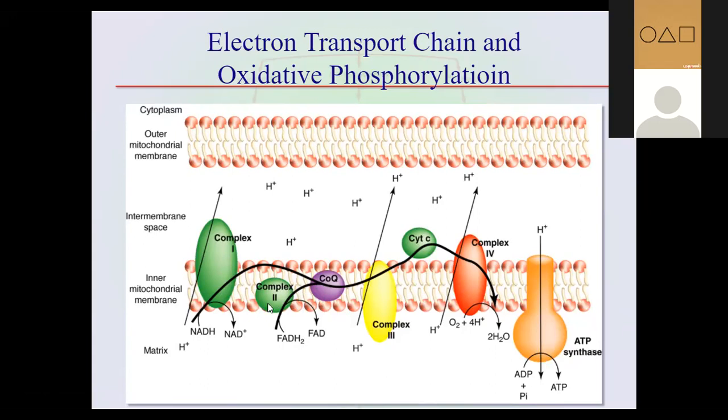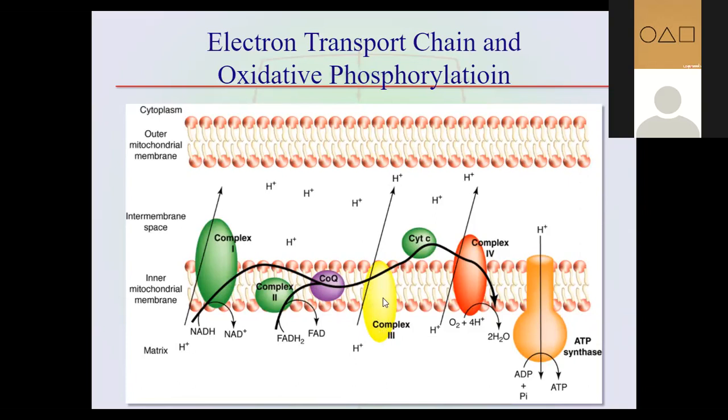Kasi tinatransport naman ng electrons eh. So basically, your electrons will be transferred into a special coenzyme called coenzyme Q. Another term for this is ubiquinone. So yan, coenzyme Q na lang. Co-Q na lang para madaling banggitin. Okay? So once the electrons are transferred there, it's a complex 3.